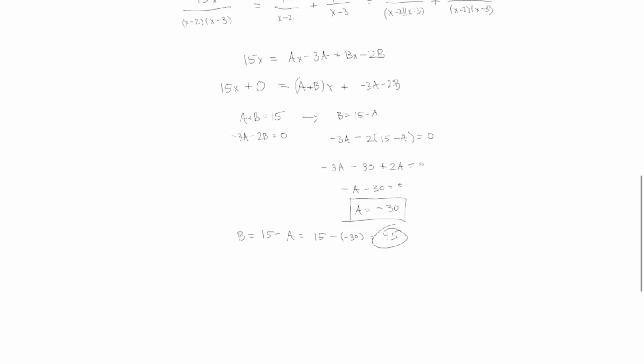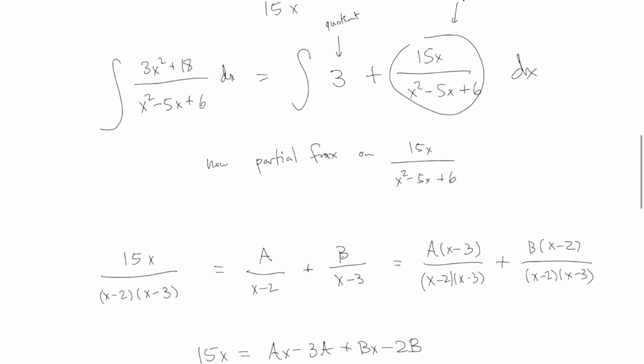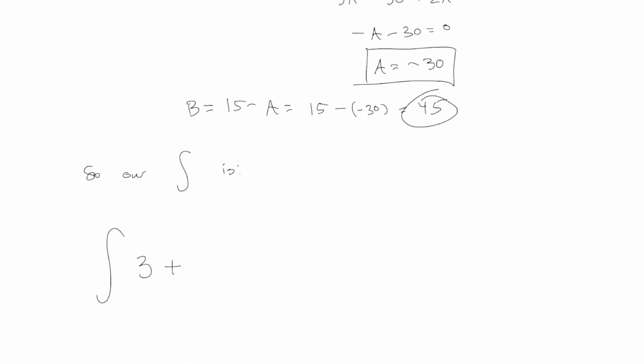So my original integral then: we had 3 as the quotient part, plus the next part, 15x over whatever. We just did the partial fractions on that, and we ended up with minus 30 over x minus 2 plus 45 over x minus 3. This is the result of doing the partial fractions.